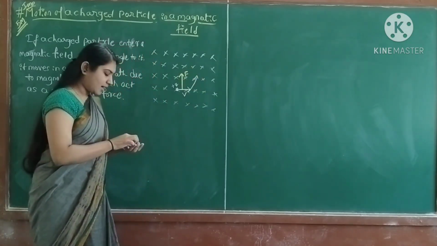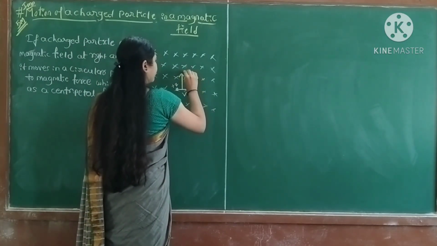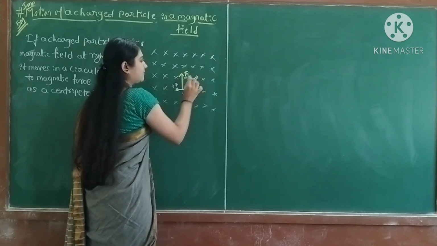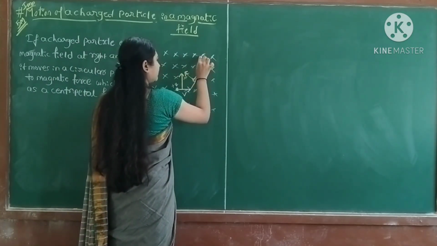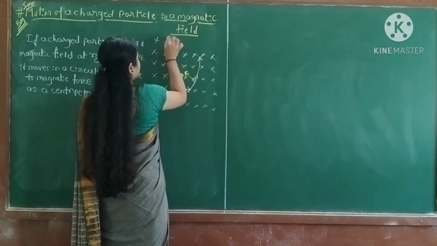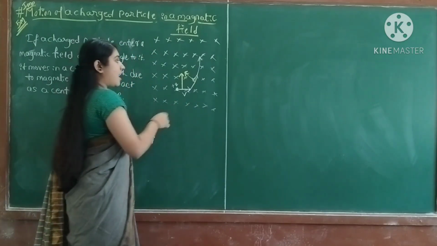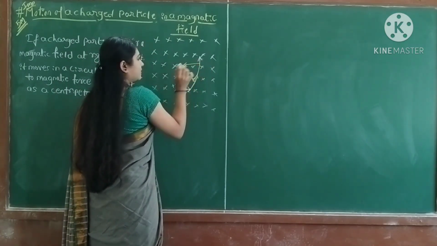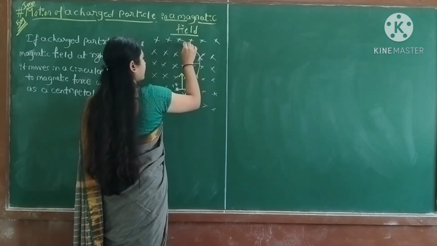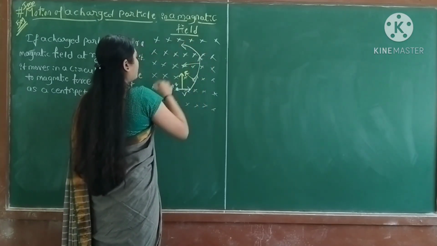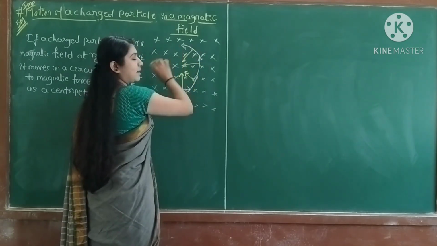Again the force will apply on this particle. So what happened? Again it changes the direction. Then again force will apply, so again it changes the direction. ಮತ್ತೆ force apply ಆಗುತ್ತಾ ಇಲ್ಲಿ ಈ ಪಾರ್ಟಿಕಲ್ ಮೇಲೆ.